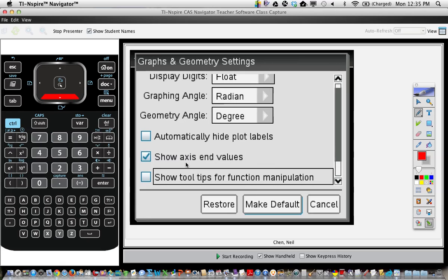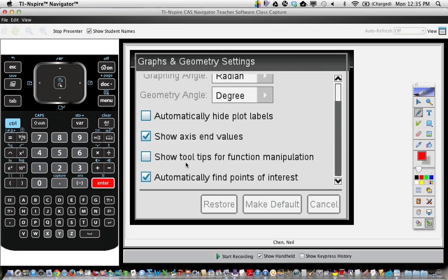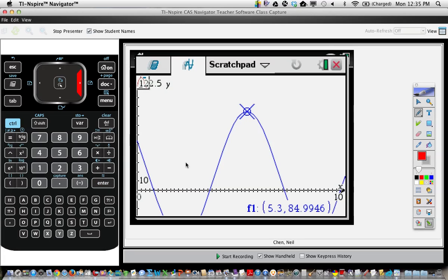It says automatically find increasing interest. There you go. Yeah, see, his is checked. Because it should be checked, I would think. It's really interesting. Okay, go ahead and hit enter again.